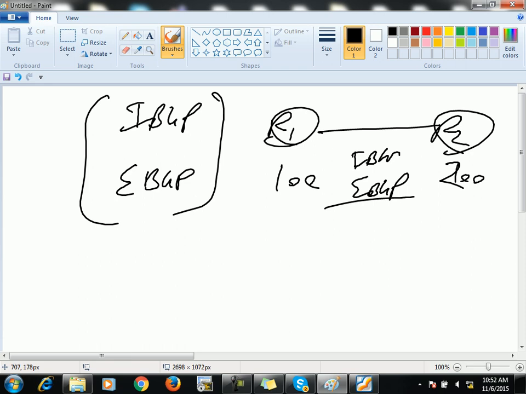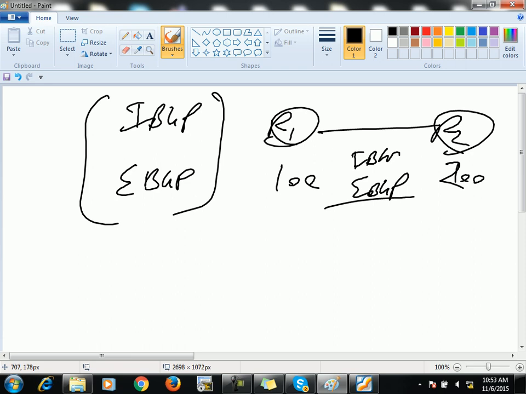And one more thing, if you are receiving any prefix from an IBGP neighbor, then it will be known as an internal prefix, internal route. And if you are receiving any prefix coming from an EBGP neighbor, then it will always be known as an external prefix. It is unlike IGPs, because in IGPs redistributed routes were known as external prefixes, and all those prefixes which were coming from the same AS or same area were known as internal prefixes.